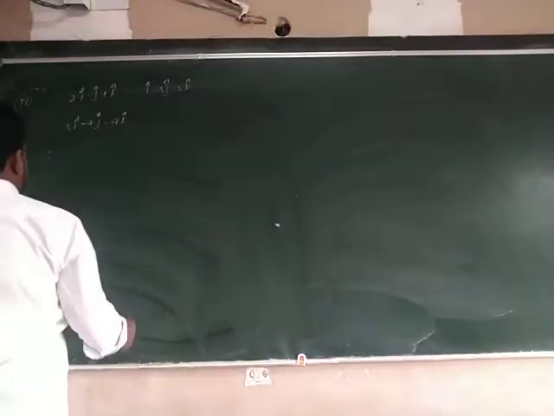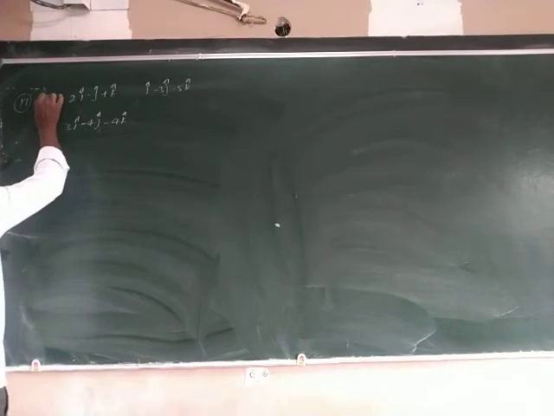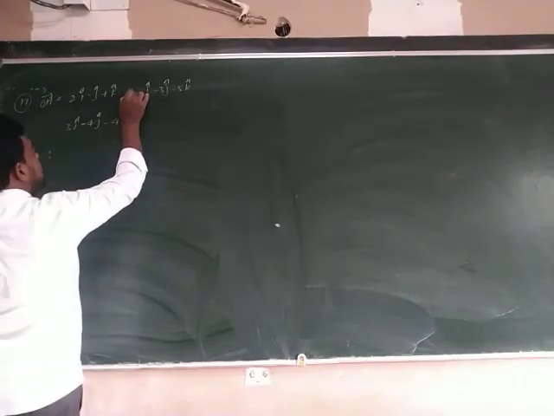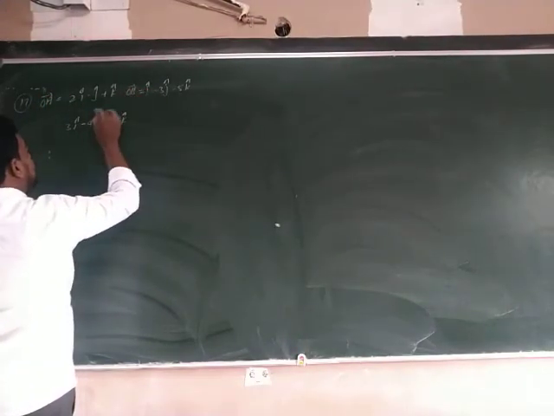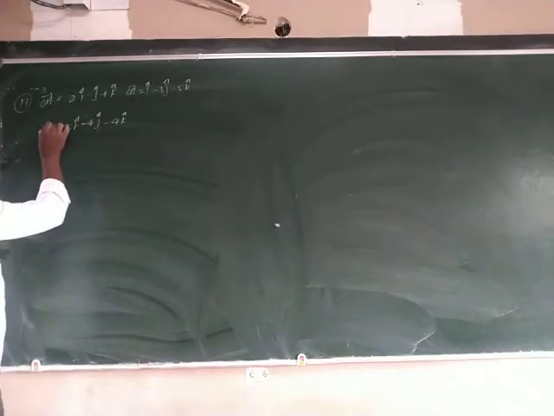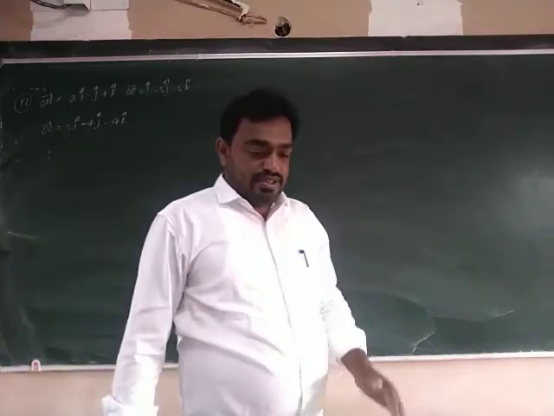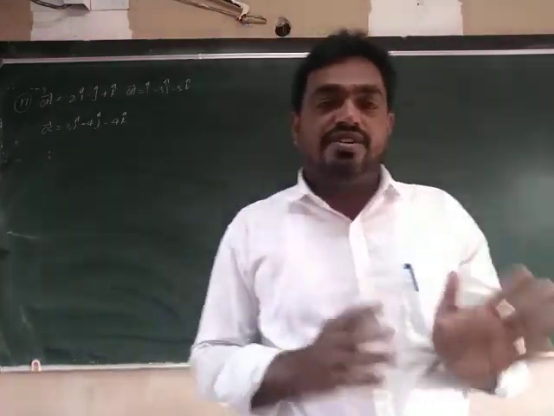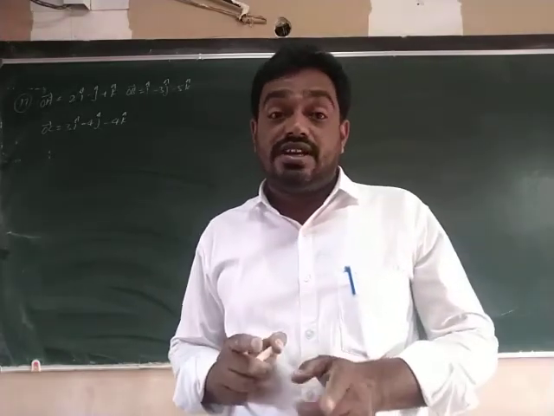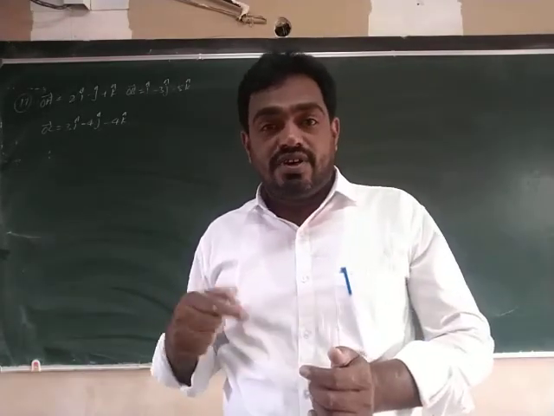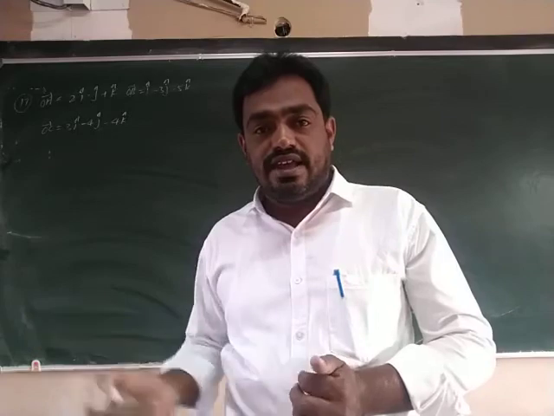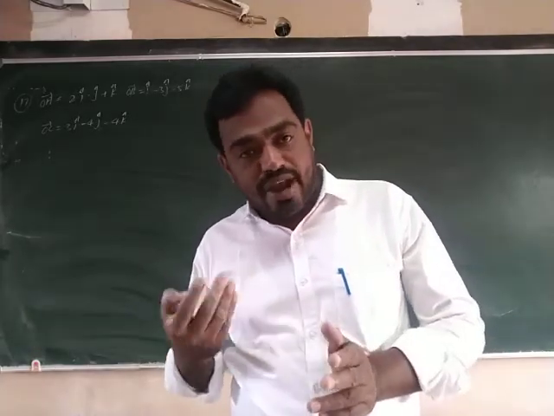These are the vertices, so the position vectors are OA, OB, OC. Here there are two methods. First, you find the vectors of the sides of the triangle, that is vector AB, vector BC, vector CA, and find the magnitudes.